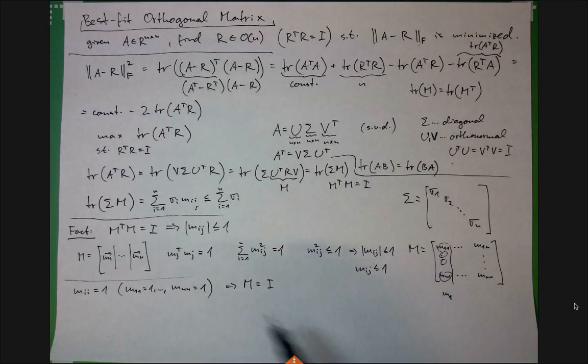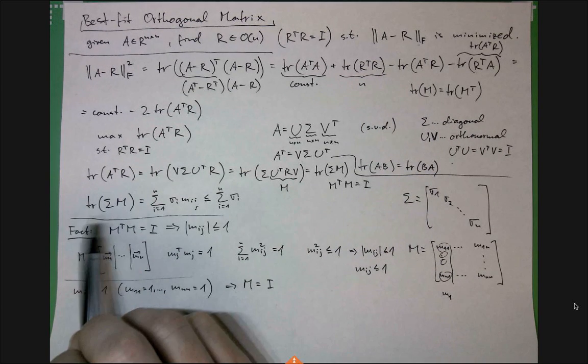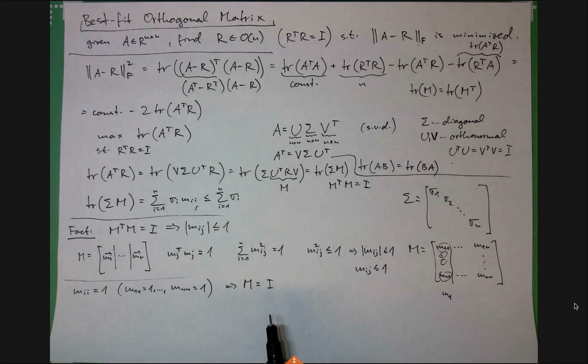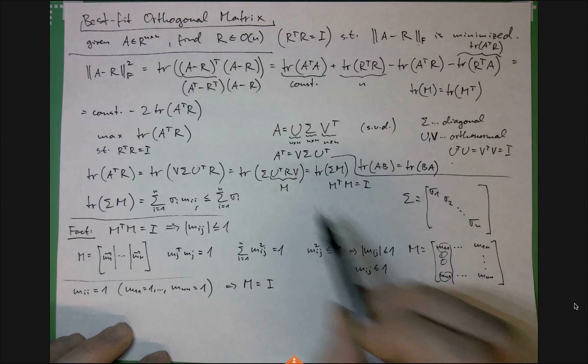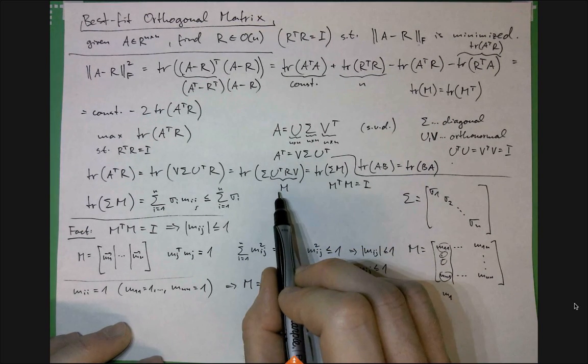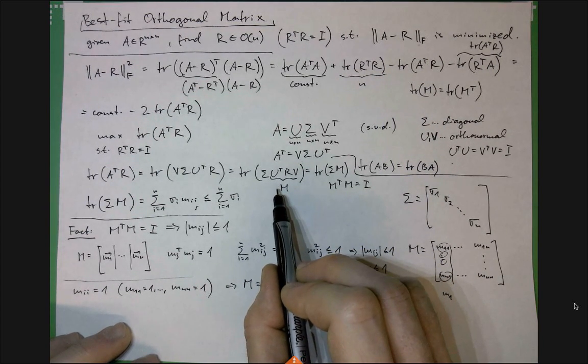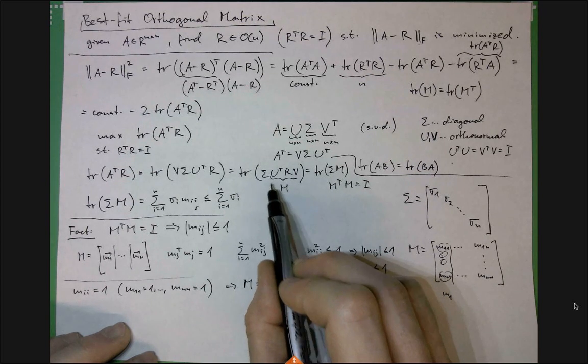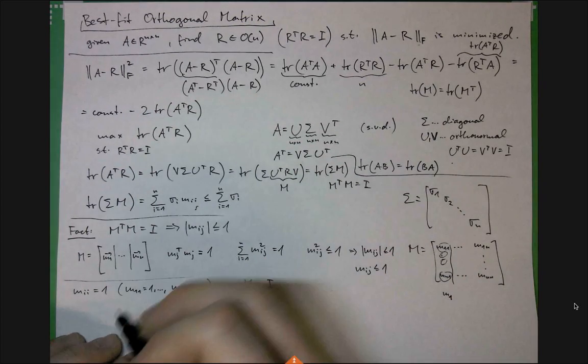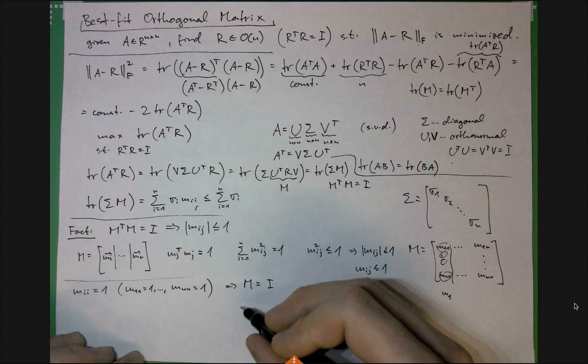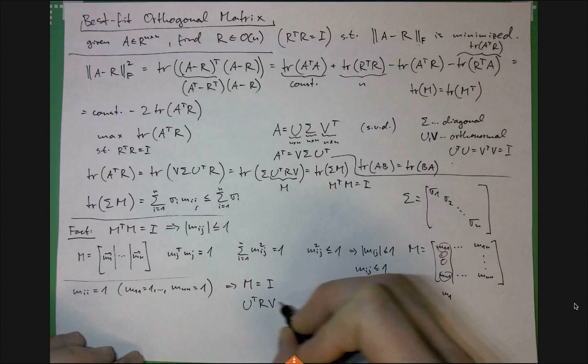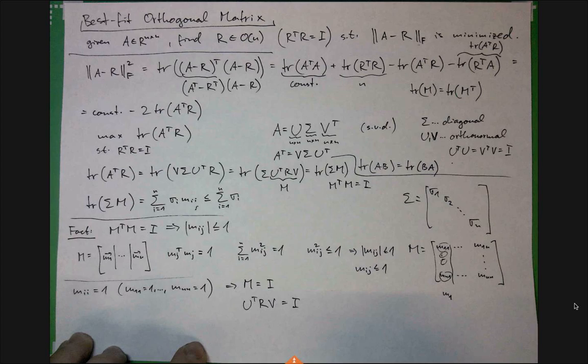So the matrix M, which maximizes this expression, is exactly identity. And what was the M matrix? Let's return back here. I said that the M matrix is just a shorthand for U transpose R V, right? So that means that U transpose R V must be identity.